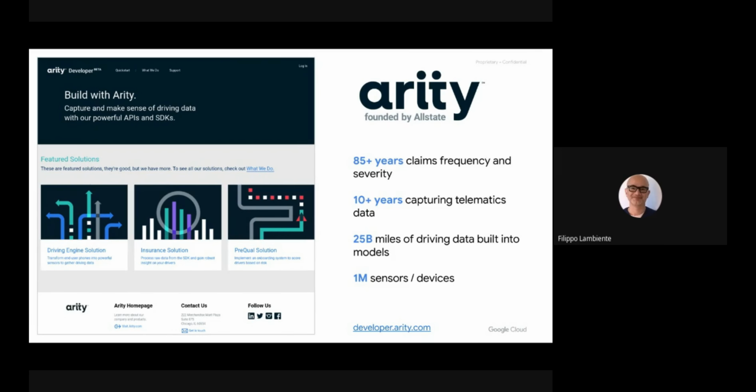They are also able to resell this data to other partners, external organizations, third-party business partners that are interested in getting this information in order to provide additional value and services on top of the ones that Arity already provides.